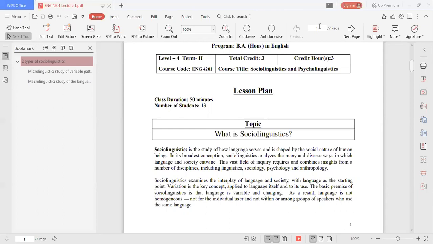Now, if I go through the first paragraph from these texts, you can see that social linguistics is the study of how language serves and is shaped by the social nature of human beings.